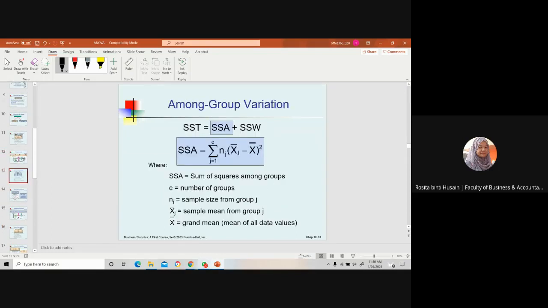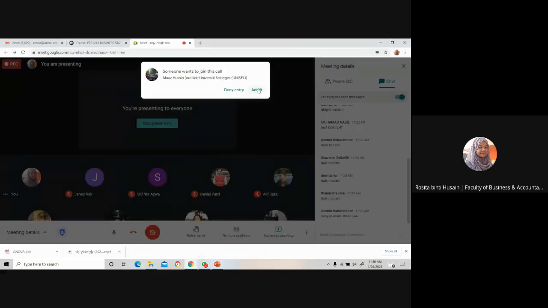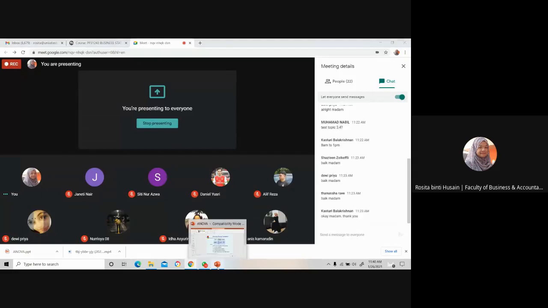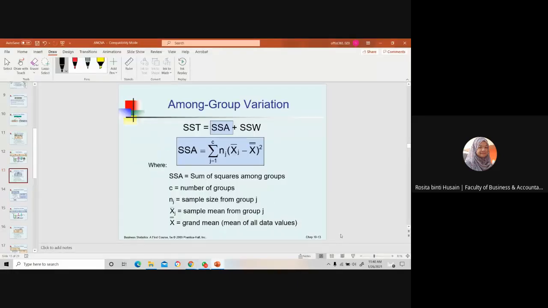Okay, SSA, sum of square among group. This is the formula for SSA. Summation, C is the number of groups. nj is the sample size from group j, or number of items for each group.